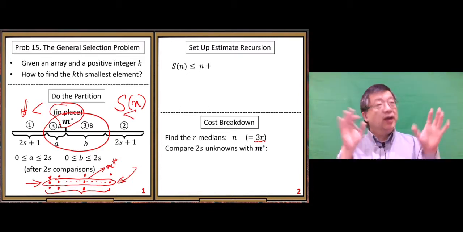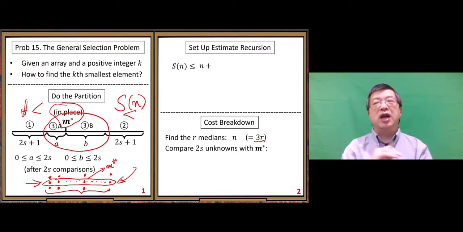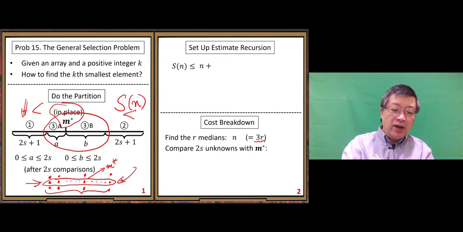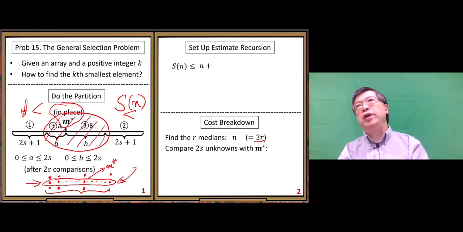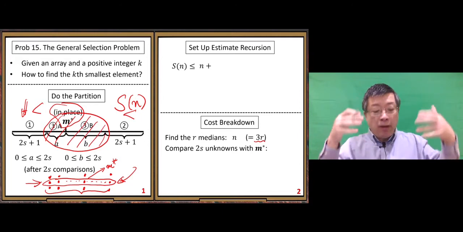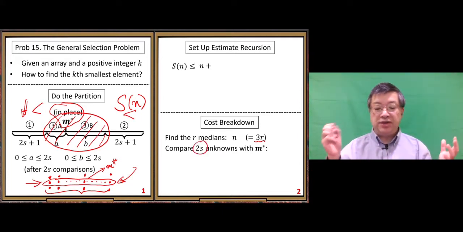You need to recall the steps we did last time; I do not want to repeat that, the story is too long. But for the middle part, the relationship is unknown, greater than or less than, nobody knows. For that reason, we need to do more comparisons. How many more? 2s more comparisons.